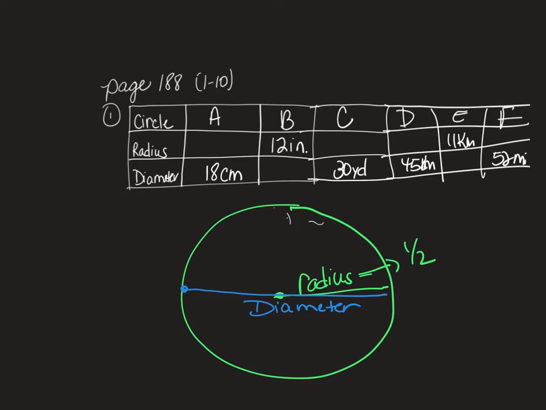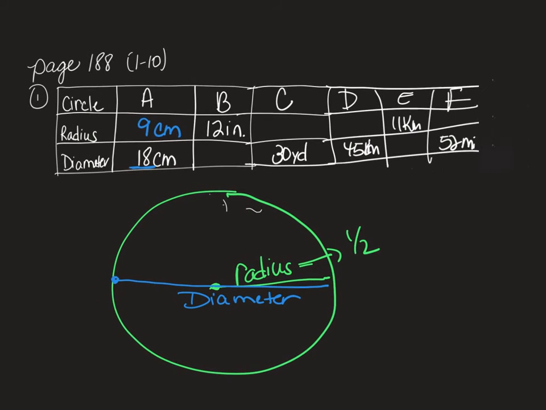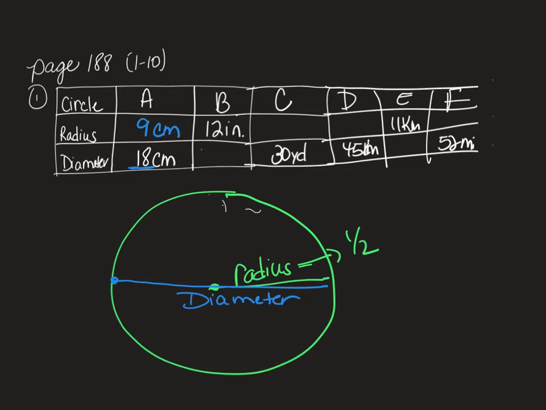So if the diameter is 18, what would the radius be? 9. How do you know that? 9 is half of 18, so it's 9 centimeters. How about if you have a radius of 12 inches, what would the diameter be? 24 inches. If the diameter is 30, what would the radius be?